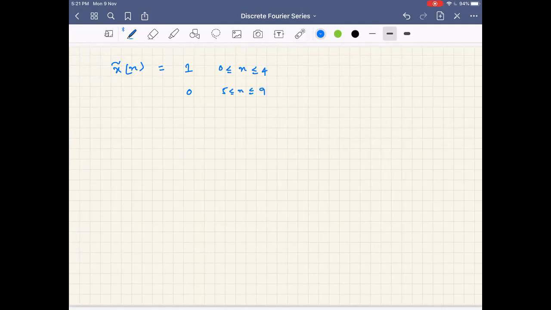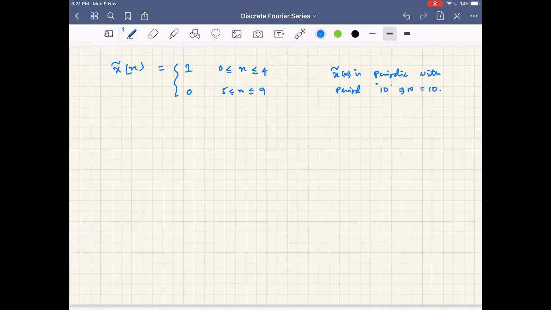So the signal is periodic with period 10, that is N equal to 10.